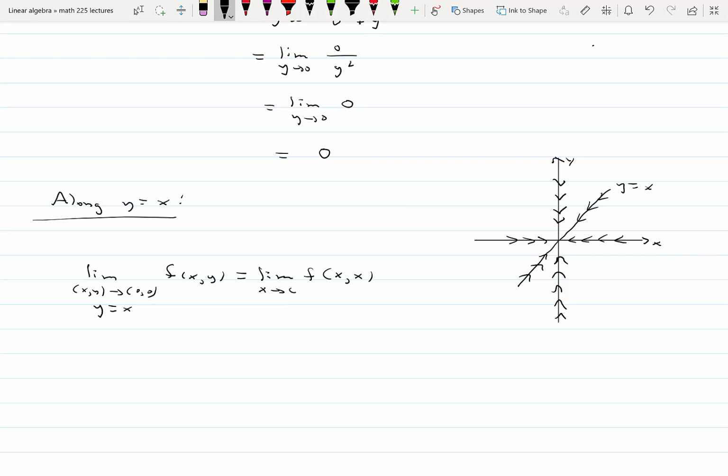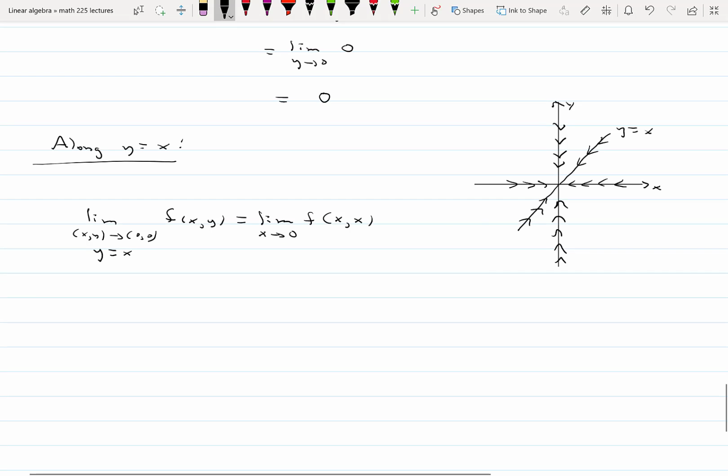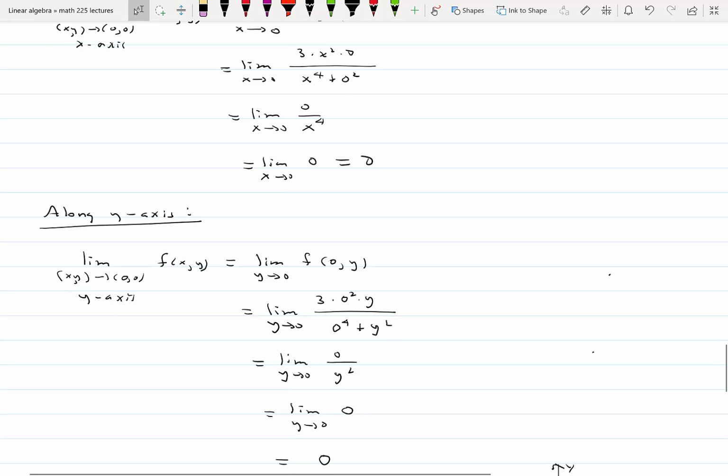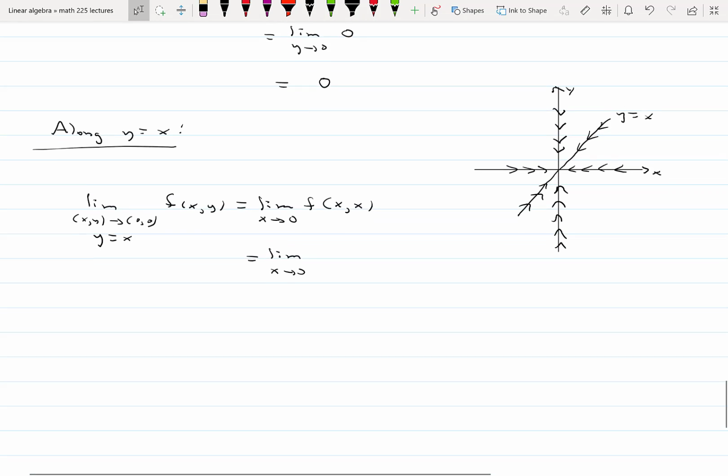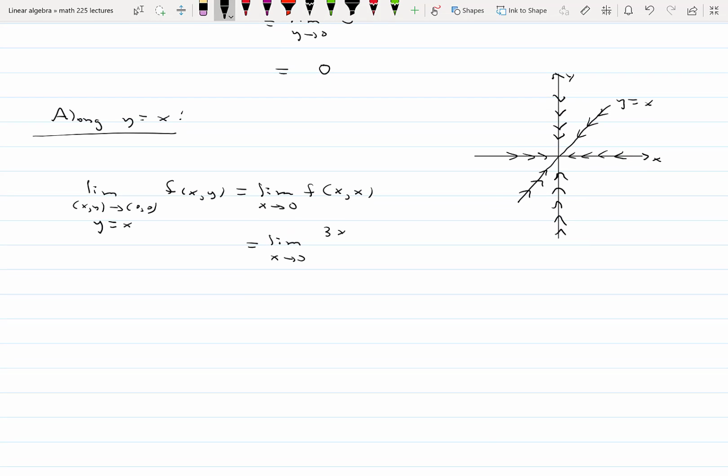And then I let x approach 0 so that we have the point approaching the origin. So this is the limit as x approaches 0 of, I already forgot what the function is, 3x squared y over x to the fourth plus y squared. So 3x squared x over x to the fourth plus x squared. Remember, we're substituting y equals x.